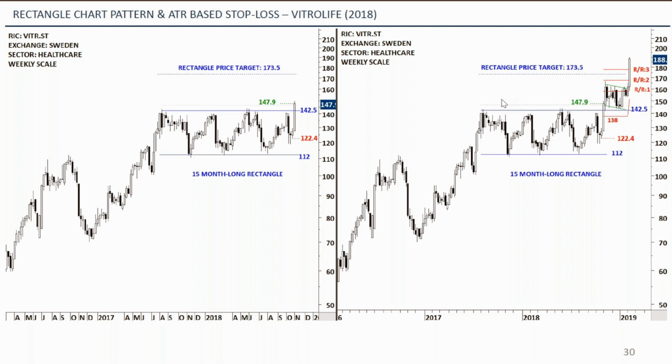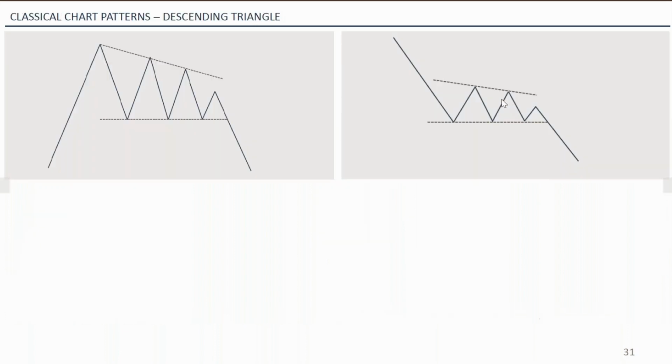There are different methods to use, but this is just one example that I wanted to show how you can combine the chart pattern breakouts, the signals that are being alerted as breakout alerts, with some kind of trailing stop loss or a protective measure to, one, trail the price much higher than the price target, to be able to protect yourself on the downside if the chart pattern price target is not met and price fails to reach the chart pattern price target.